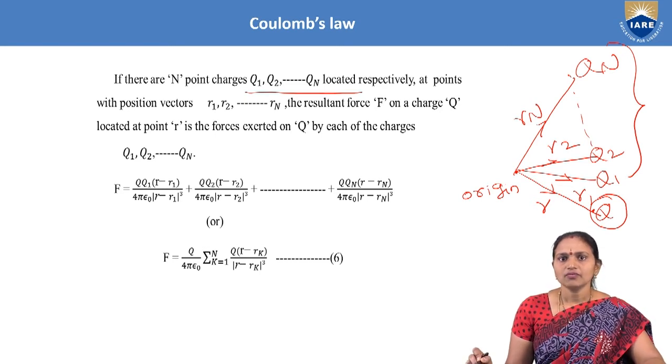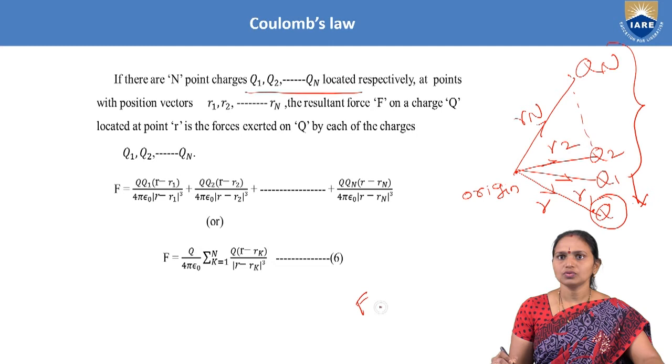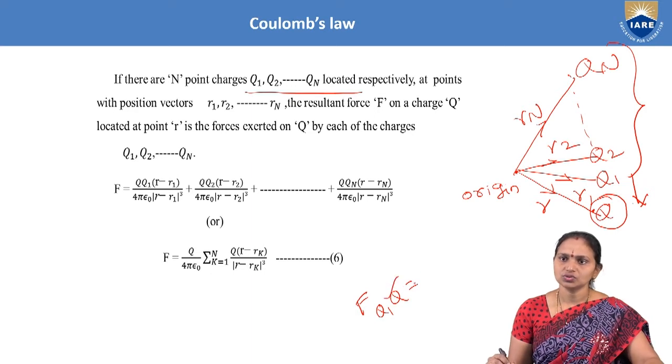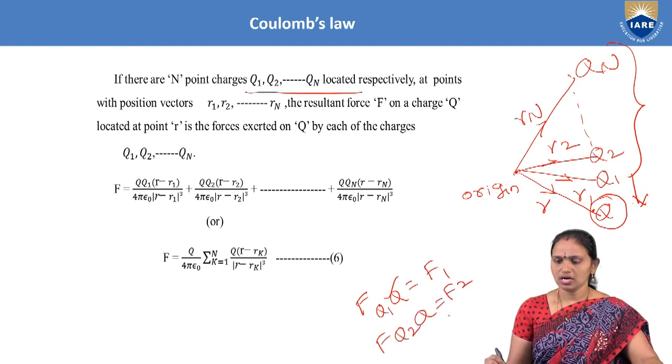With the help of Coulomb's law in vector form, I can calculate the force on Q due to Q1, which I am taking as F1. Similarly, the force on Q due to the second charge Q2 is F2, and so on up to the force on Q due to the nth charge, Fn.